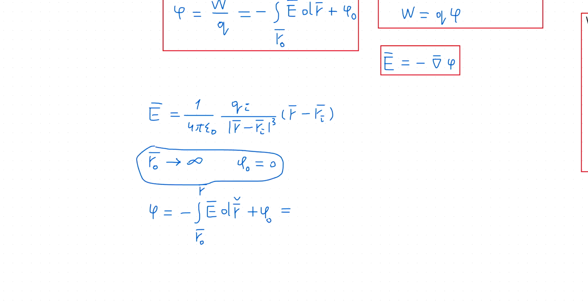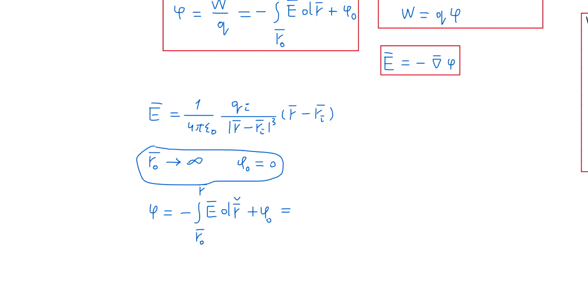But it doesn't work in only one case: when we have a system of electric charges in an unlimited part of space. If the part of space with electric charges is unlimited, this integral will be equal to infinity.